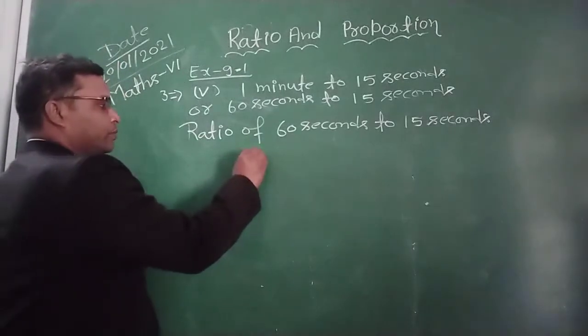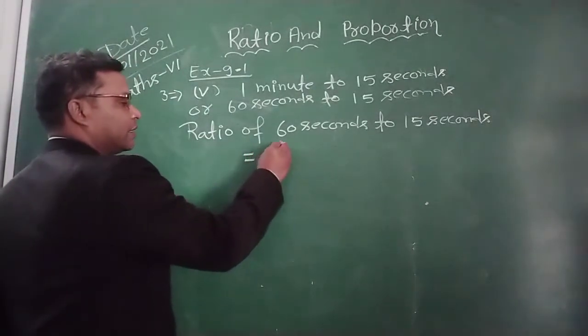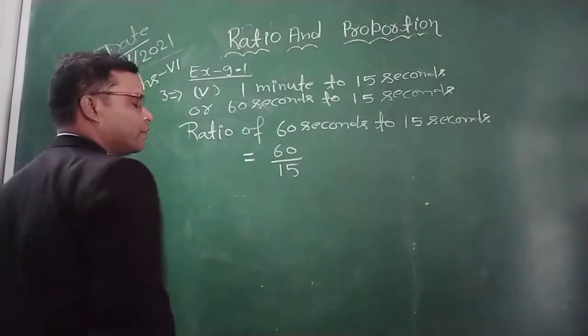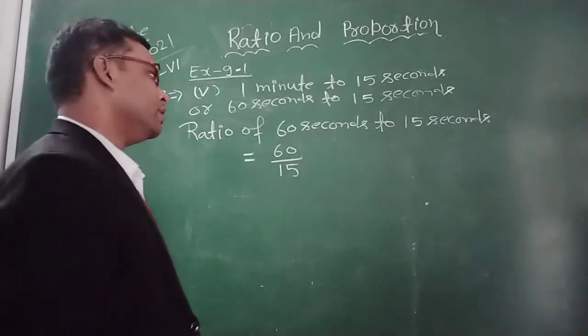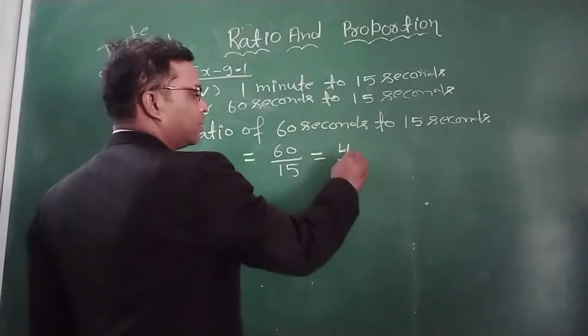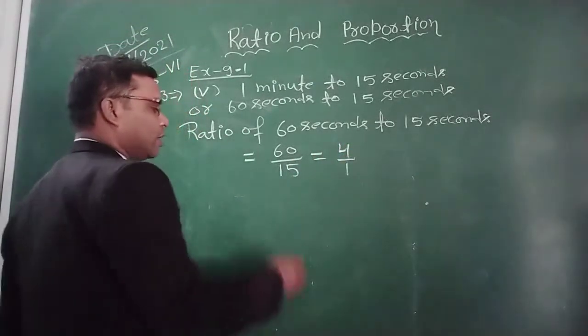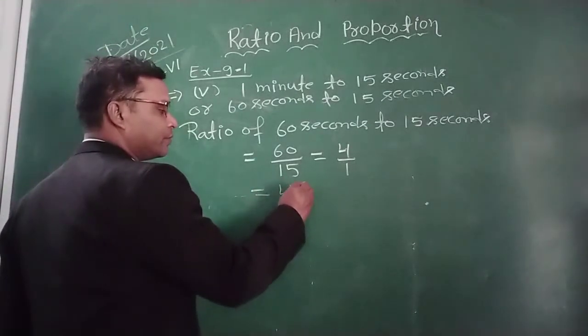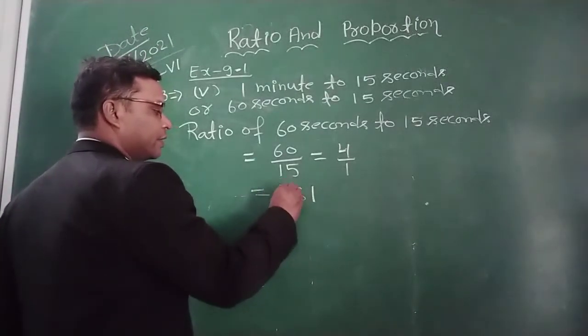This is equal to, you can write it 60 by 15. If you know the table of 15, then you can divide 60 by 15. So you get here 4 by 1, or you can say 4 ratio 1. This is clear.